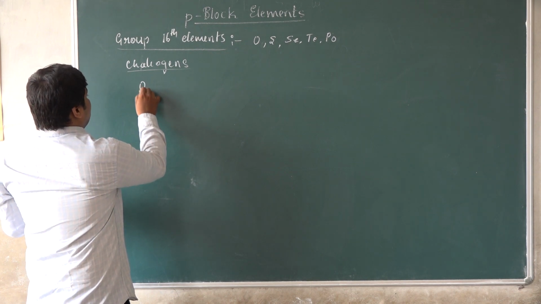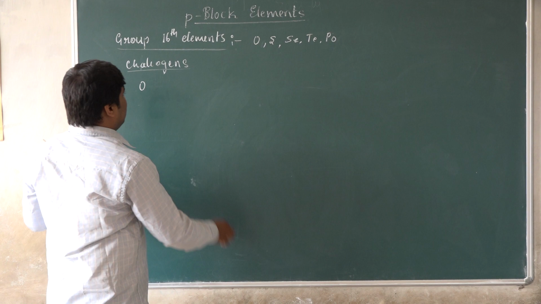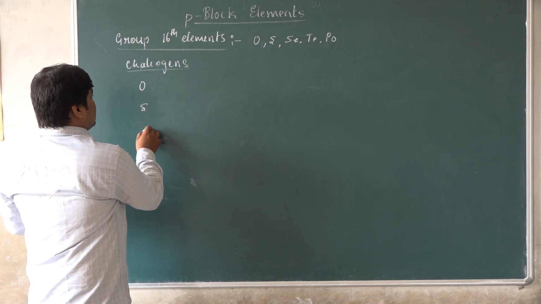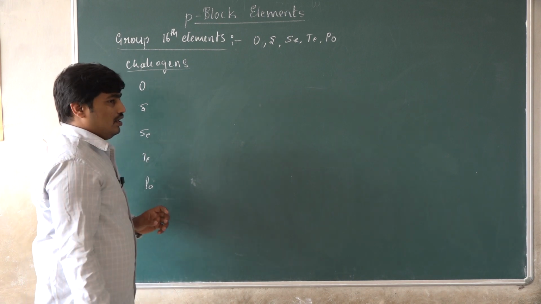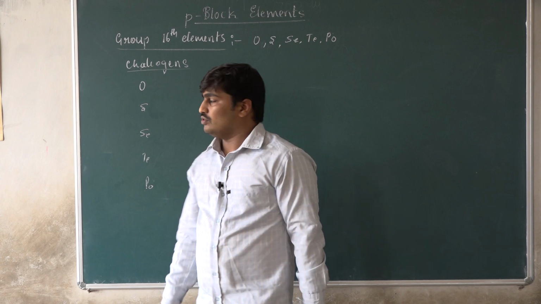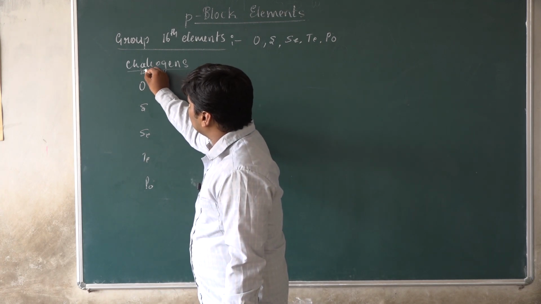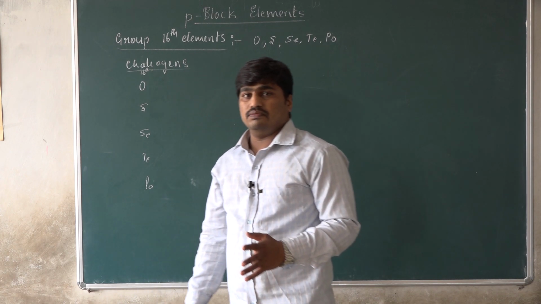I will write the atomic numbers of oxygen, sulfur, selenium, tellurium and polonium, in a similar way to the 15th group elements. These are the 16th group elements.